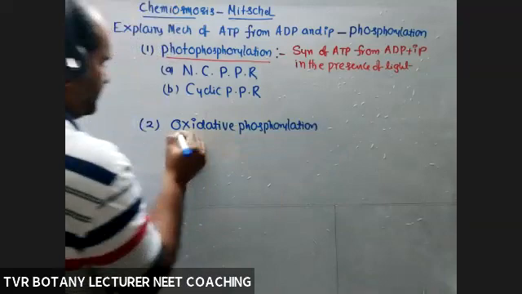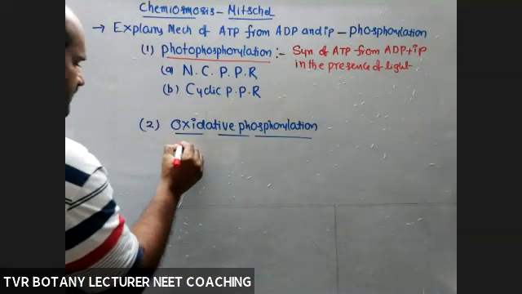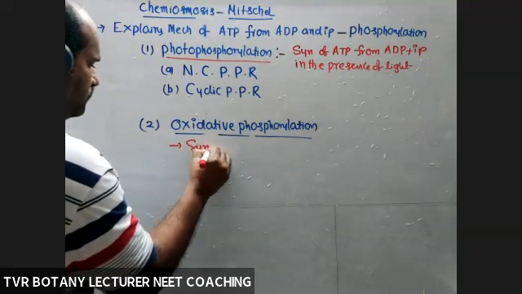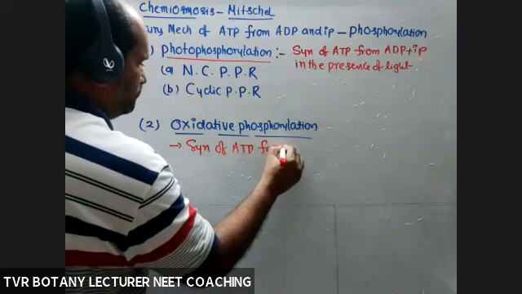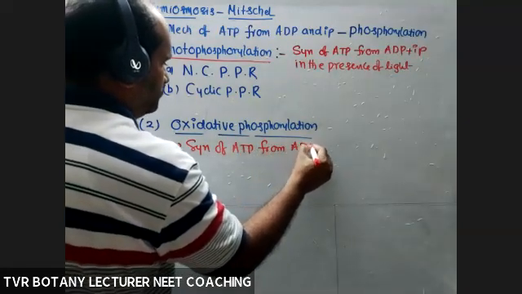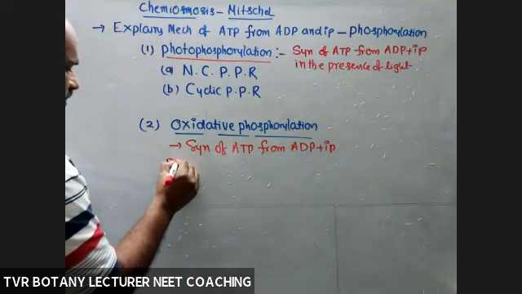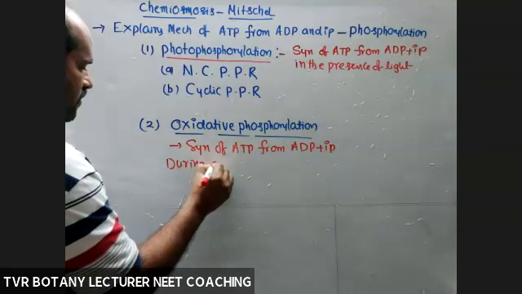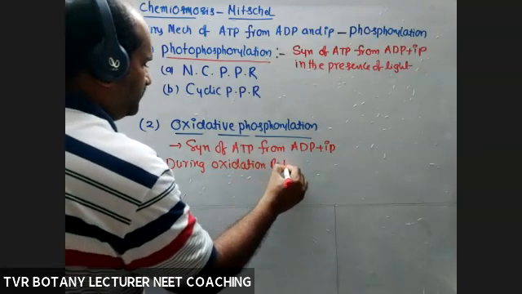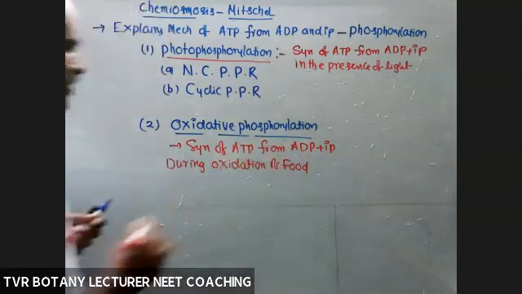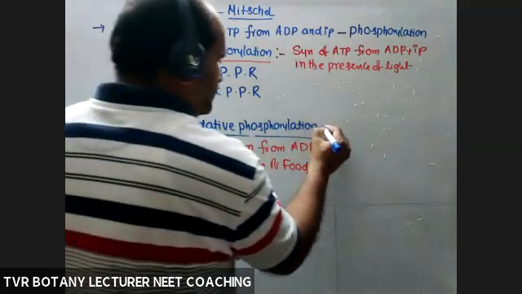Oxidative phosphorylation means synthesis of ATP from ADP plus inorganic phosphate during oxidation of food. So oxidative phosphorylation during respiration.